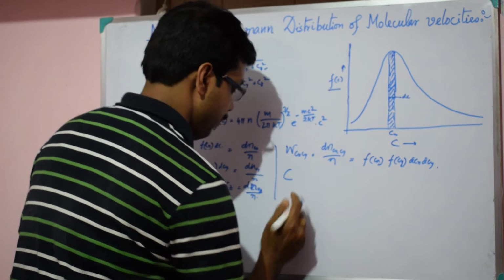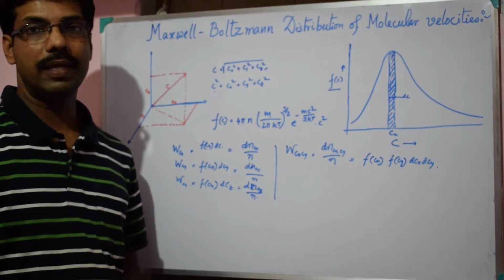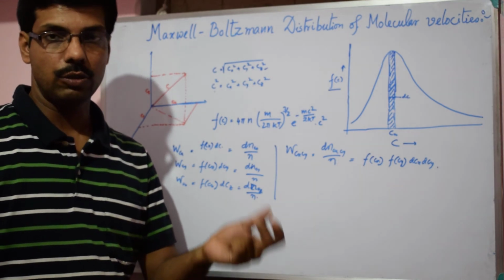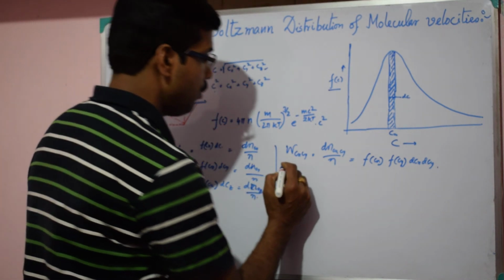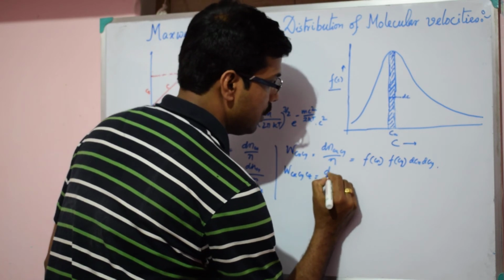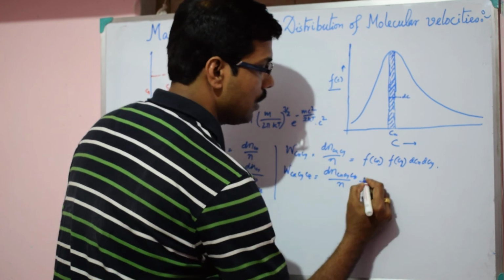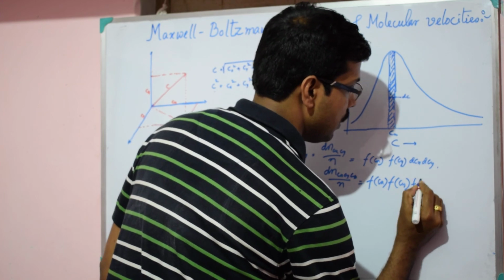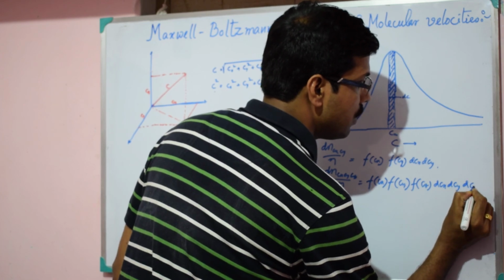Similarly, for the probability of a molecule having simultaneous x component velocity between Cx and Cx plus dCx, y component between Cy and Cy plus dCy, and z component between Cz and Cz plus dCz, we can write W(Cx Cy Cz) equals dN(Cx Cy Cz) by N, which is F(Cx) F(Cy) F(Cz) dCx dCy dCz.